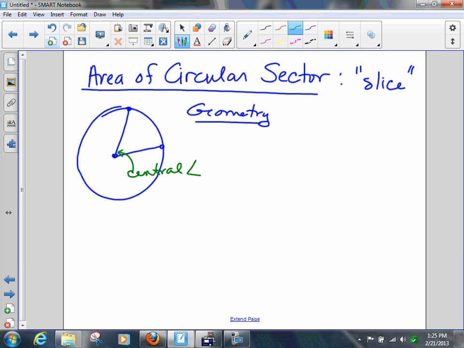Central angle is the same place. The area of the sector in geometry was the measure of the arc divided by 360 times pi r squared. So it was a portion of the area, because the measure of the arc divided by 360 is just a portion.